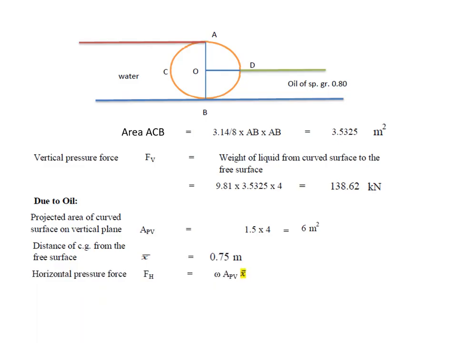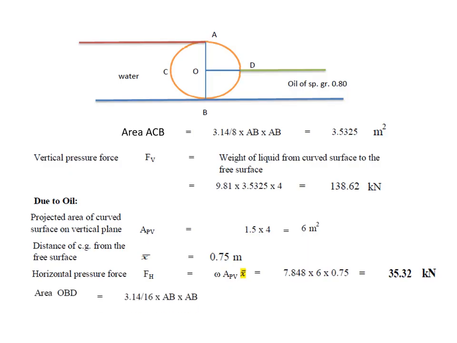Therefore the horizontal pressure force is there for oil. You know that oil specific gravity is 0.8, so specific weight will be 0.8 into 9.81, which gives 7.848. So specific weight of oil is 7.848 into area, which is 6, into distance, which is 0.75. So that gives 35.32 kilonewtons. This is the horizontal pressure force which is acting on the curved surface BD.